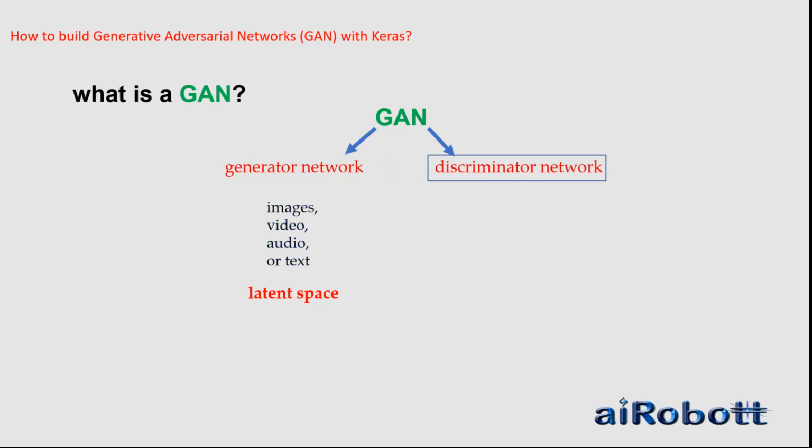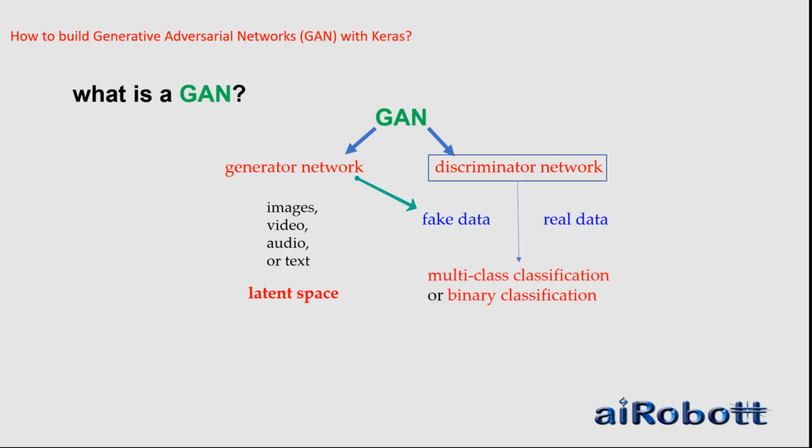Discriminator network tries to differentiate between the real data and the fake data generated by the generator network. The discriminator network tries to put the incoming data into predefined categories. It can either perform multi-class classification or binary classification.